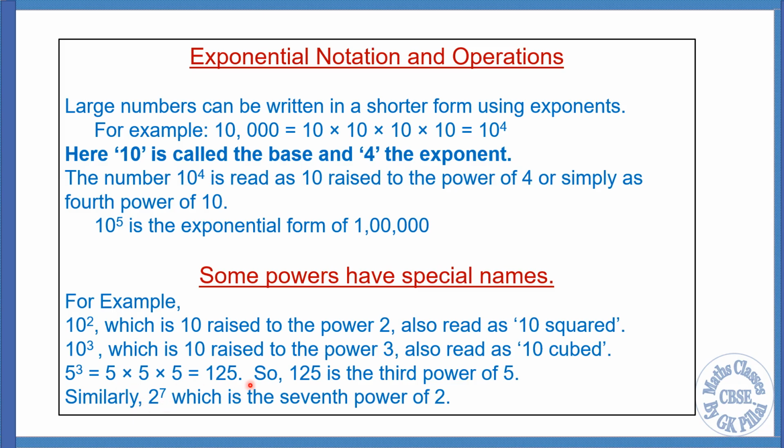Depending upon the requirement, you will write like this. So 125 is the third power of 5. Similarly, 2 to the power of 7 will be 7th power of 2. This way you can say the exponents.